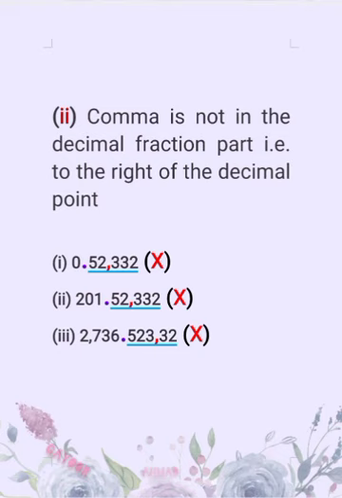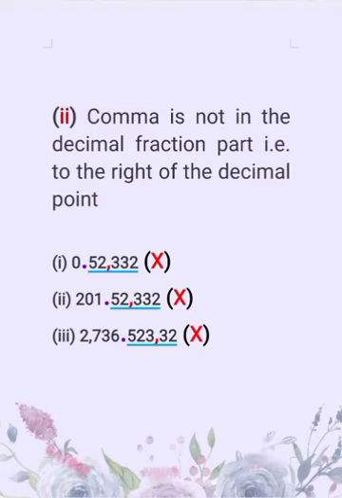In the other two numbers also, 201.52332 and 2736.52332, the whole number part 201 has only one period, while 2736 has two periods, thousands period 2 and ones period 736, which are separated by comma, but the decimal fraction part in all the three cases, that is 0.52332, the digits cannot be separated by commas.